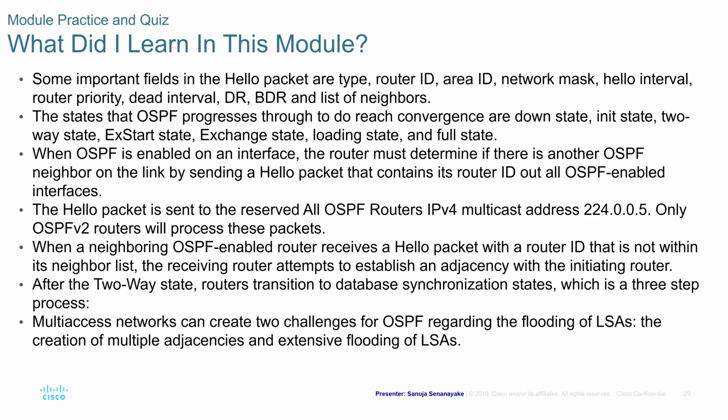The states that OSPF progresses through to reach convergence are down state, init state, two-way state, exstart state, exchange state, loading state, and full state. And we learned that when OSPF is enabled on an interface, the router must determine if there is another OSPF neighbor on the link by sending a Hello packet that contains its router ID out all OSPF-enabled interfaces.